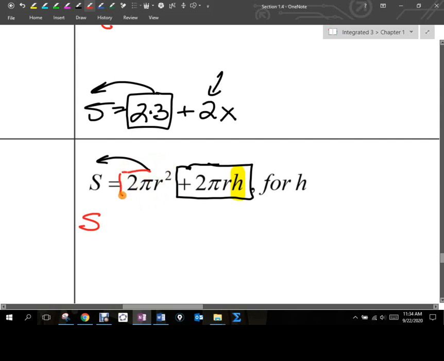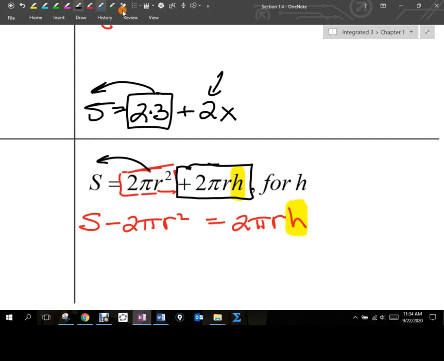I want to move this thing over. Subtract it. So we get s minus 2 pi r squared should now equal 2 pi rh. Now, I've isolated the term that has my variable in it. Now I need to isolate that variable.